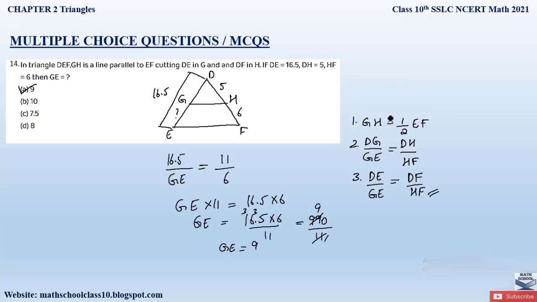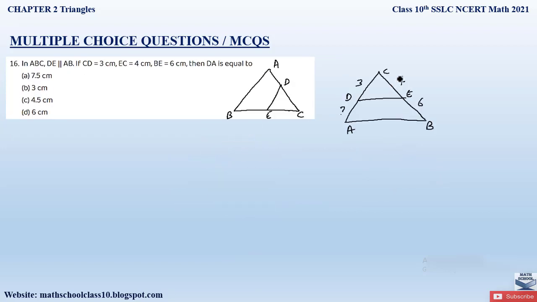In the question number 14, these three relationship in case of a triangle is very much important. So here our second equation will be applied. So according to the figure, I am going to write down that relationship. That is CD by DA is equal to CE by EB.